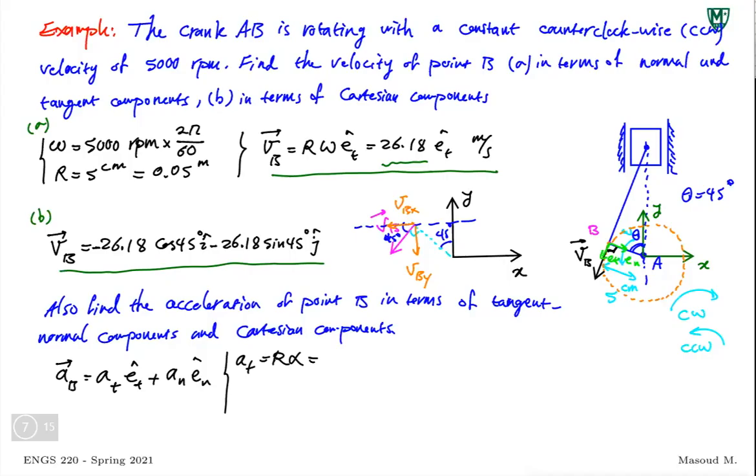Now, what is R alpha? What is alpha? Do I know alpha? No, you don't know alpha. All right. Look at the problem statement. First line, what does it say?